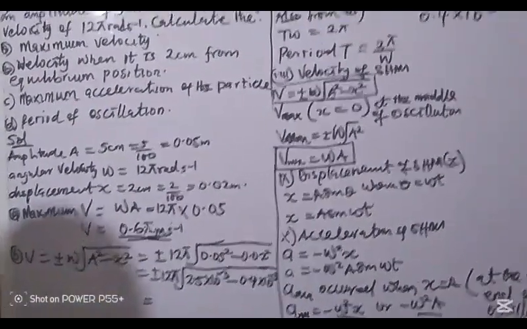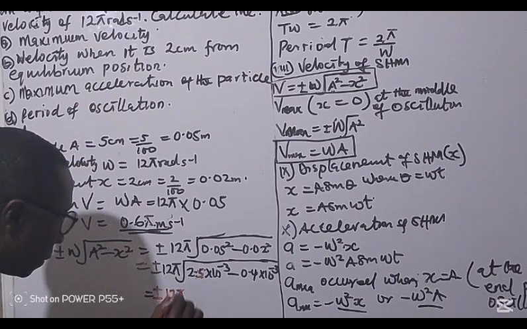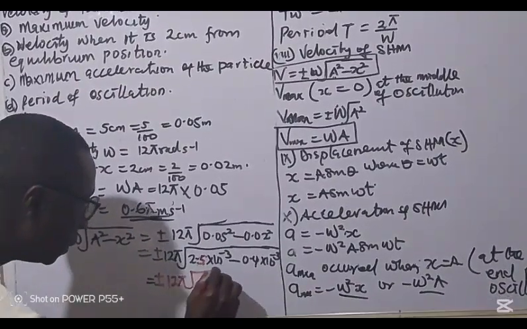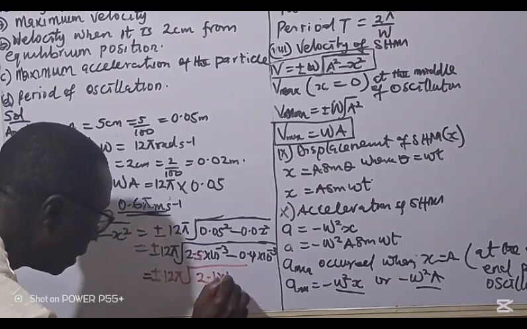And this will now give us plus or minus 12 pi into square root of 2.1 times 10 raised to power minus 3.